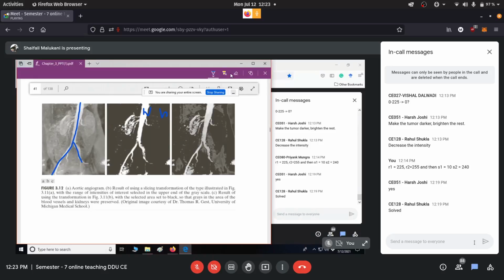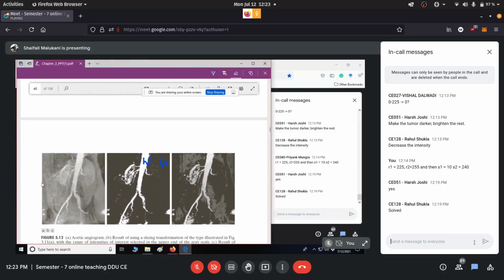You will see these two colors are the same, this and this are the same, but still it is highlighted because the background is darker. We change the background here. We are not keeping the background as it is. The background is darker, but these intensities are as they are, so that I do not lose my information, right?